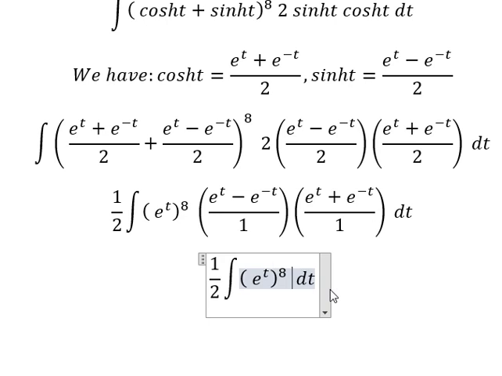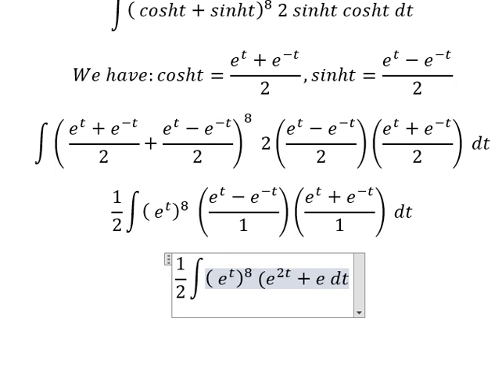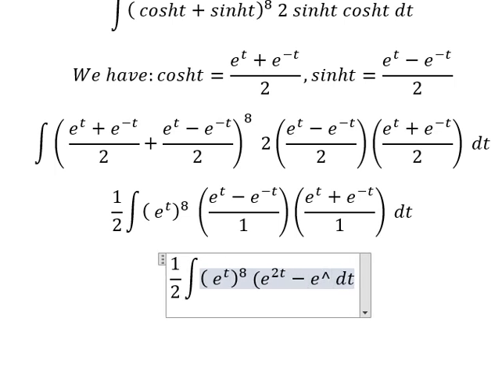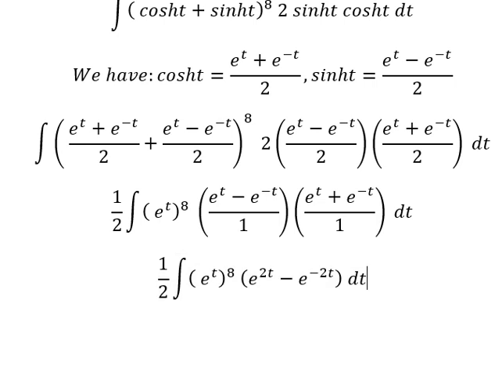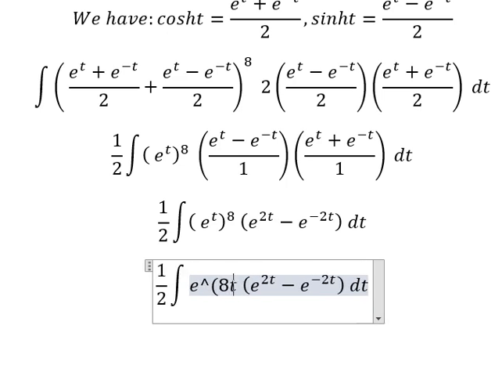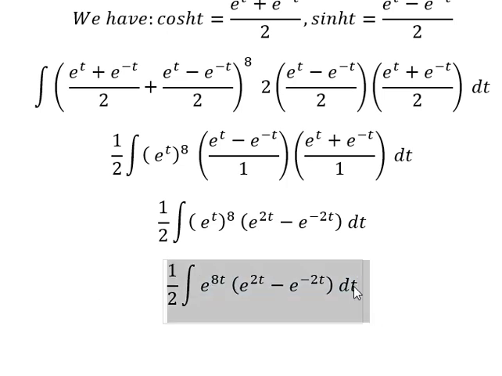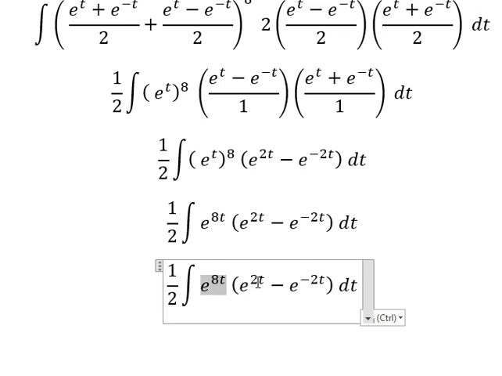So we simplify this one, and we have e to the power of 2t plus minus e to the power of negative 2t. And 8, with t we have e to the power of 8t. So this one multiplied by this one and this one, and we have like this.